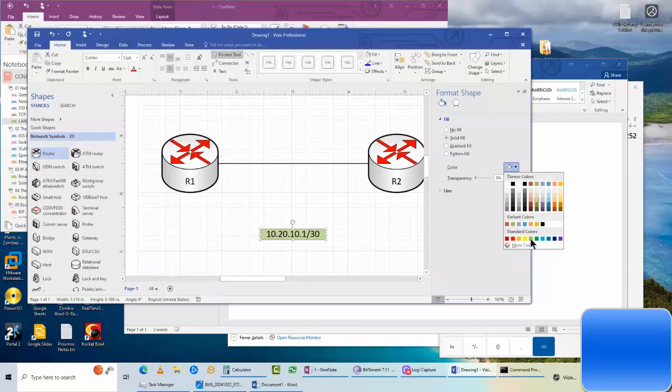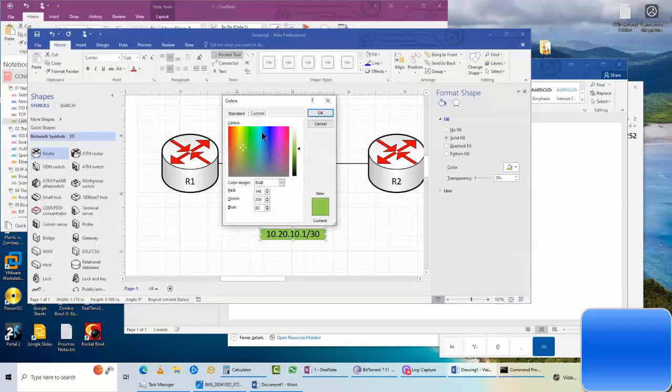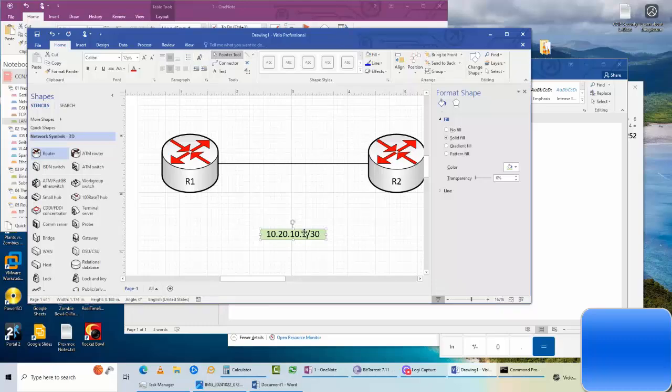Your standard colors, which is what I'm going to choose here, is never going to change. Now, if I don't like that particular color and I want it a little bit lighter, I'll go ahead and lighten that up. Click OK. See how I got it lighter? And then your standard color is added down here. This will never change.